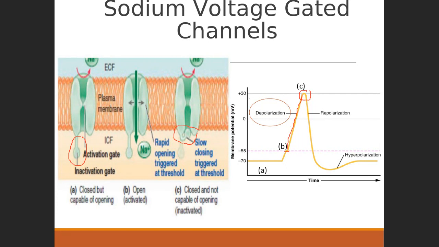That channel now is completely inactive. So its job is to open at minus 55 millivolts, slam shut and become inactive at plus 30 millivolts. And it's the sodium that goes through the channel that gives us our depolarization phase, or our depolarization period of our action potential. So that's half done.